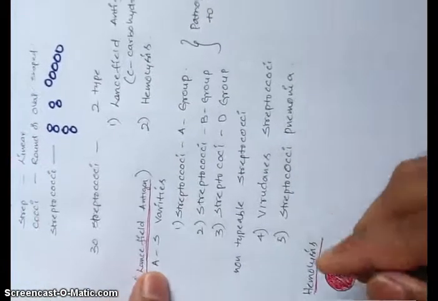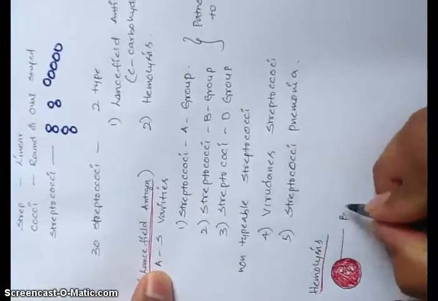We call these colonies beta hemolytic colonies.